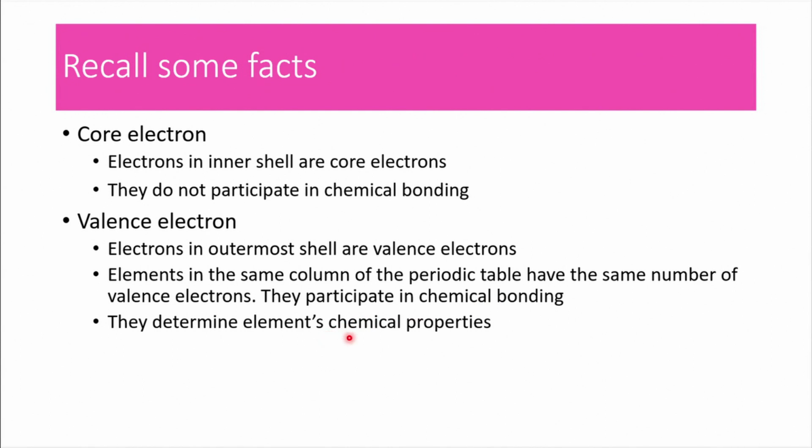They determine elements' chemical properties. Carbon, silicon and germanium have 4 valence electrons. Similarly, nitrogen, phosphorus, arsenic have 5 electrons, oxygen, sulfur, selenium have 6 electrons, and halogens have 7 valence electrons. These valence electrons determine elements' chemical properties.